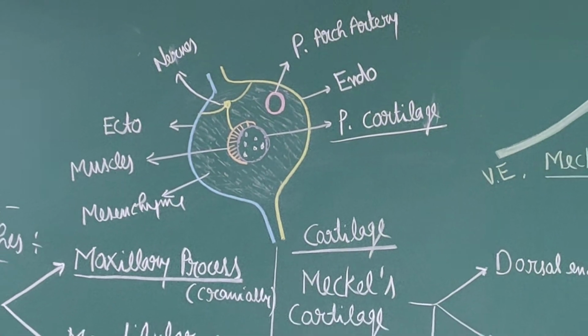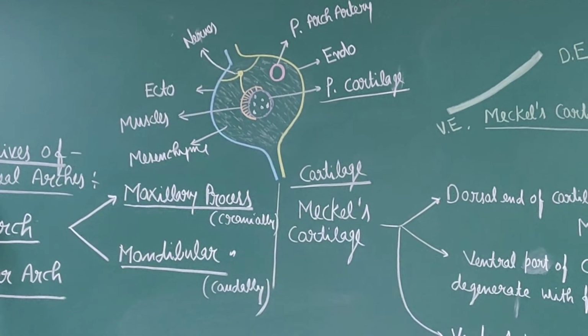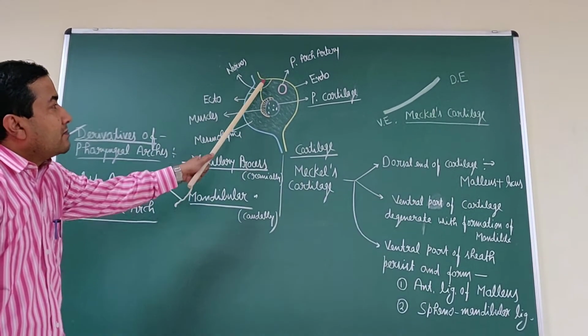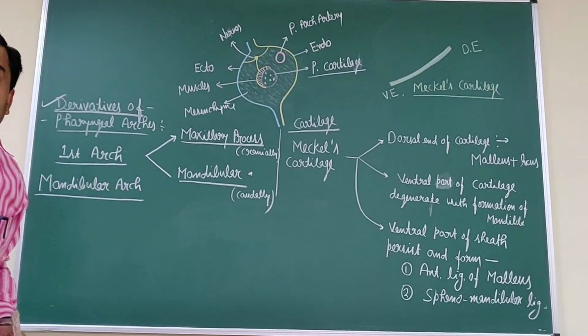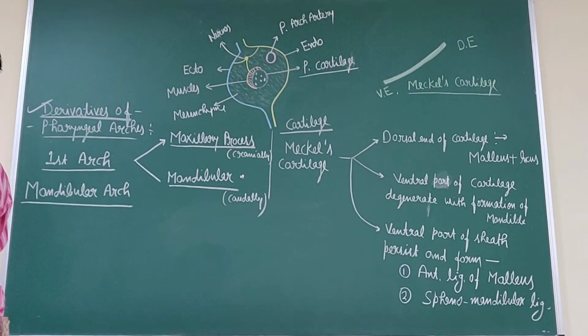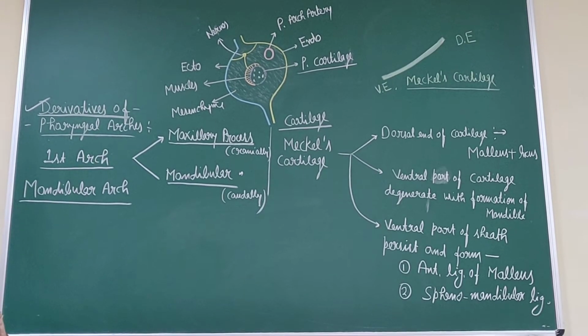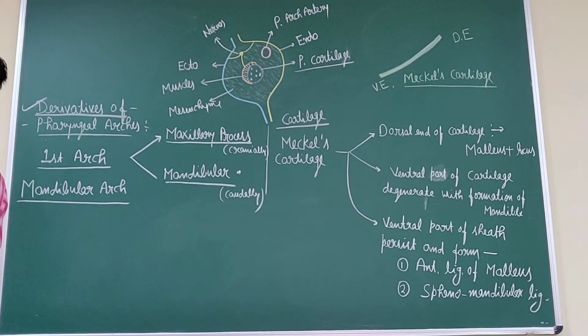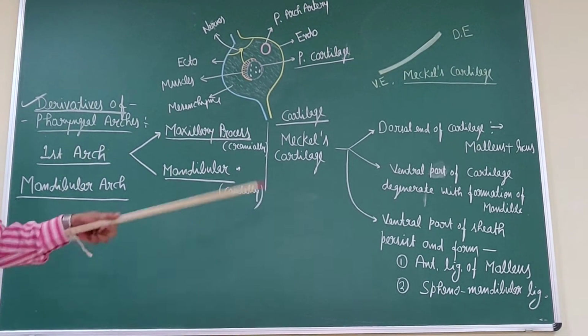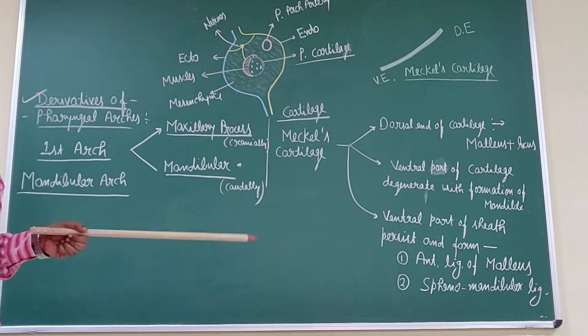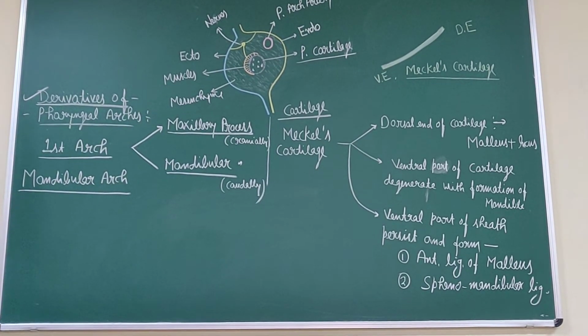This pharyngeal arch, as we know, has a core of mesenchymal tissue. Mesenchymal tissue is the intra-embryonic mesoderm. It has pluripotent capacity, so it differentiates into various elements.